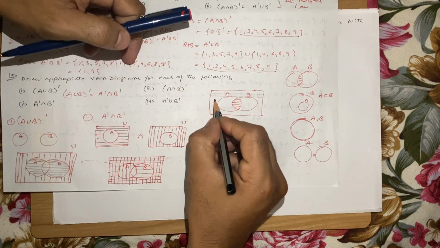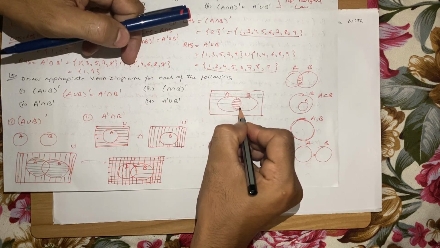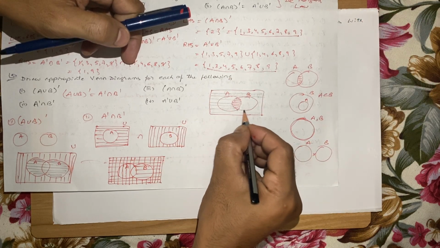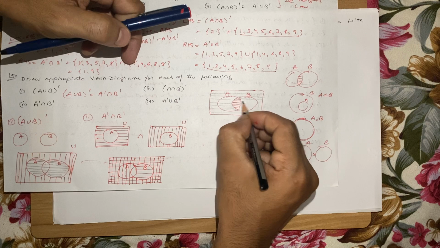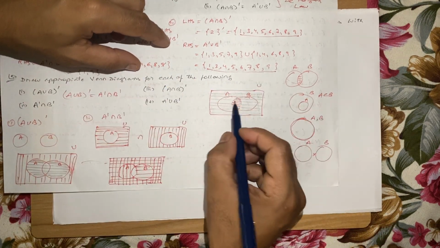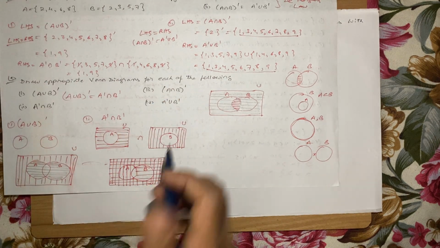Just leave this region; this region is untouched, and outside of this region is the complement. So this is the region. This is the universal set, and all the pencil region is the A intersection B complement.